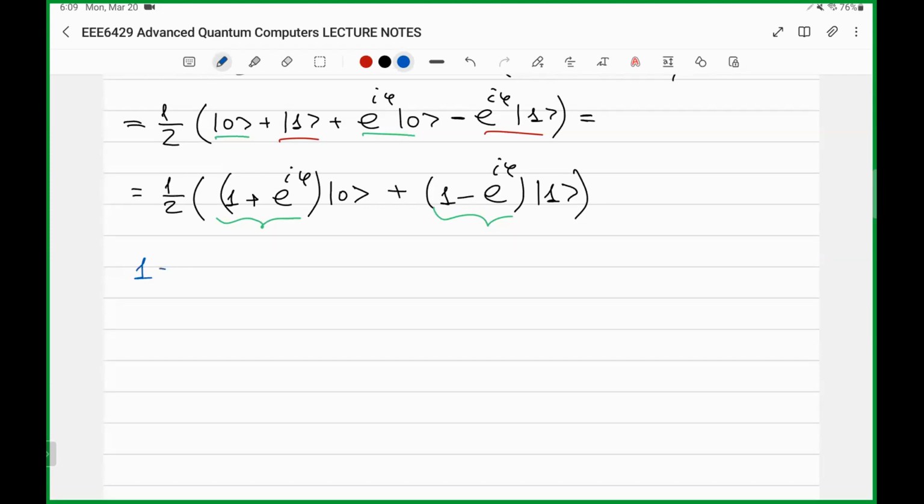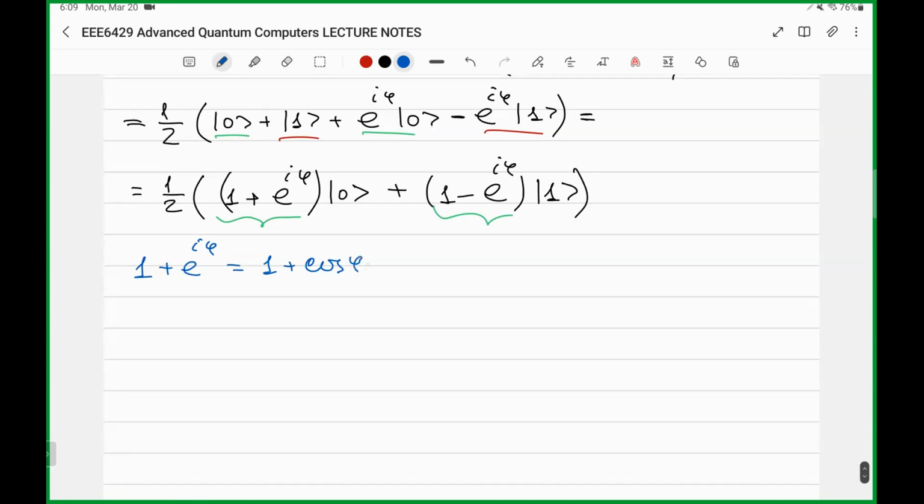So I have this 1 plus e to the power of i phi. So first of all, e to the i phi is cosine phi plus i sine phi.